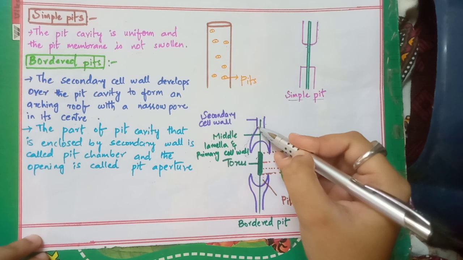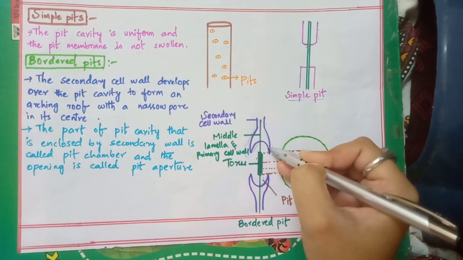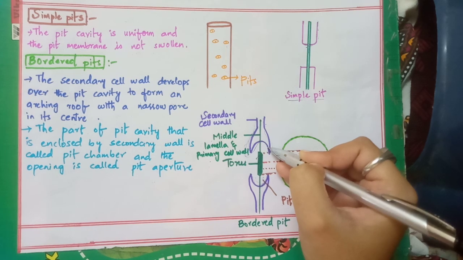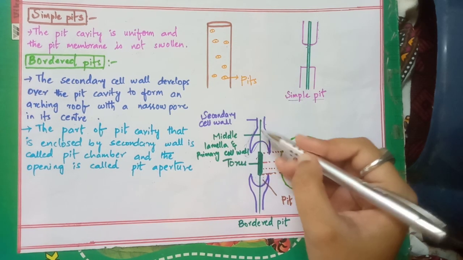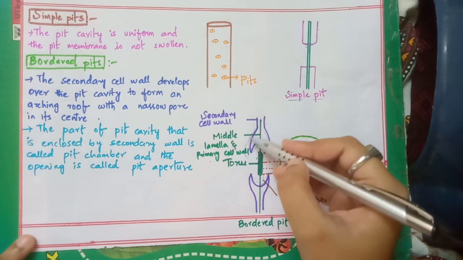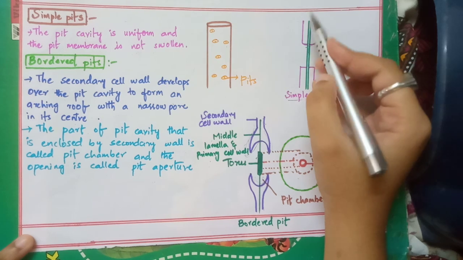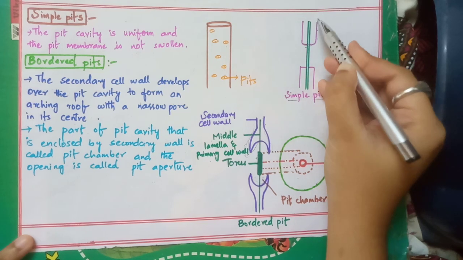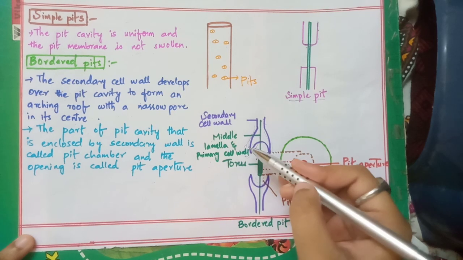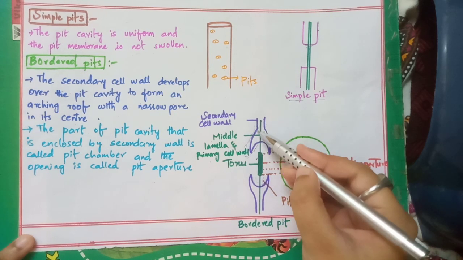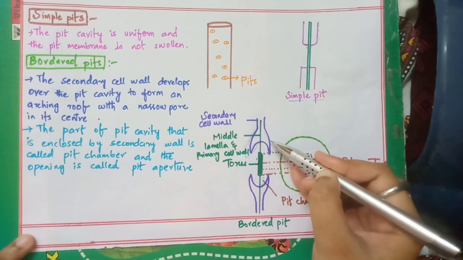This secondary cell wall gets elaborated and forms a roof-like or arching structure over the pit membrane. Here it is known as a bordered pit. Whereas in the simple pit, a uniform structure of the secondary cell wall is seen, in the bordered pit it forms the roof. The secondary cell wall provides a roof-like structure over the pit membrane.